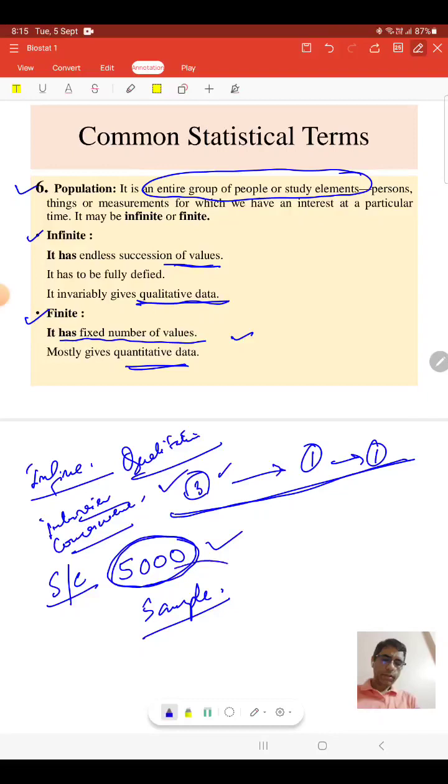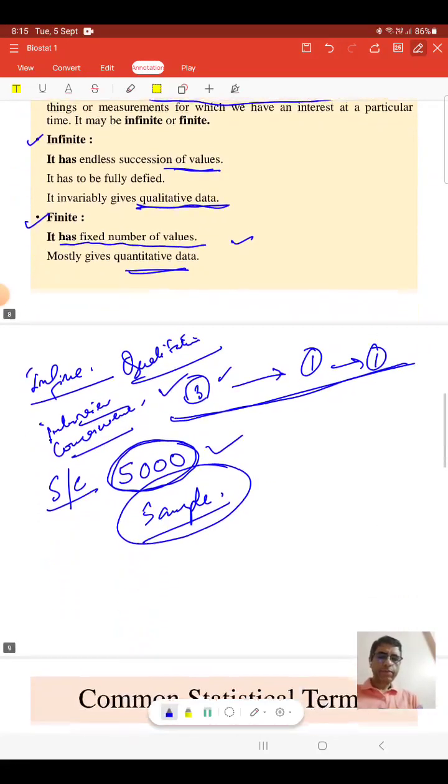So usually in quantitative methods we use a finite population.